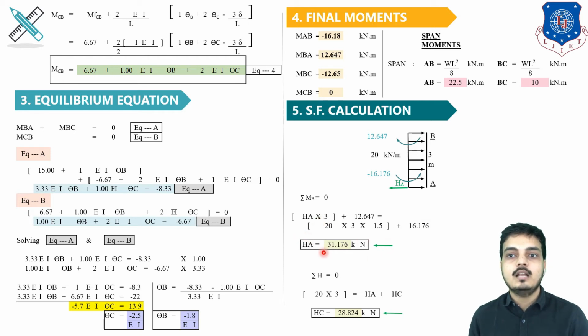By solving this, I will get HA as 31.176 kilonewton.